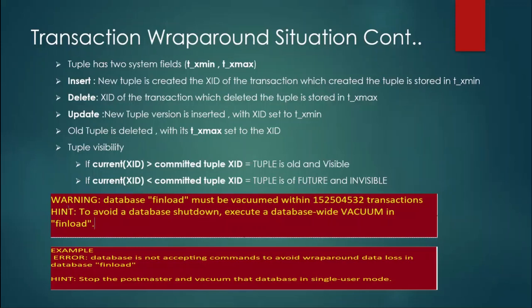Here, the tuple visibility, we are talking about the dead tuples or the general one? Invisible means it is like a dead tuple, right? Because a dead tuple will no longer be visible whenever you do select star from table, because that is an old version, it will not show.